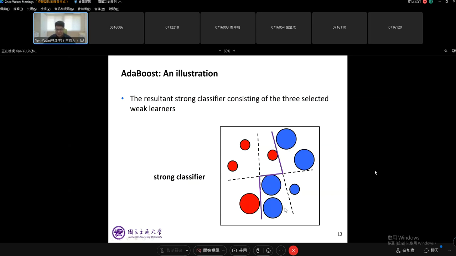Based on different weight distributions, we can emphasize some training examples that are currently wrongly predicted. So the new weak learner will put the emphasis on this training data. This is the resultant decision boundary. Okay, this is the illustration about how AdaBoost works.